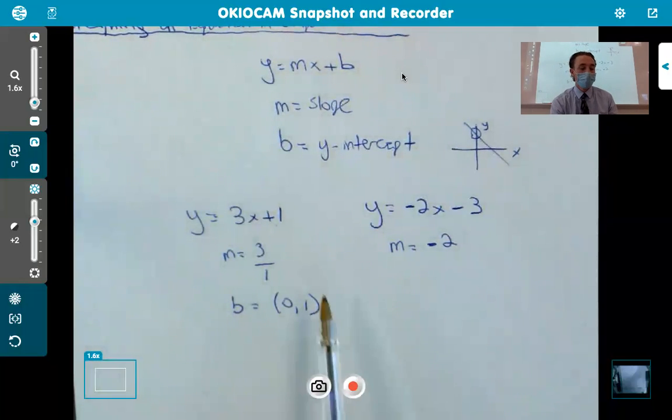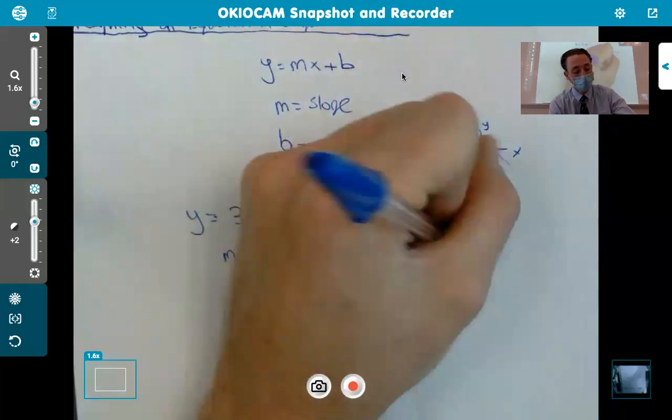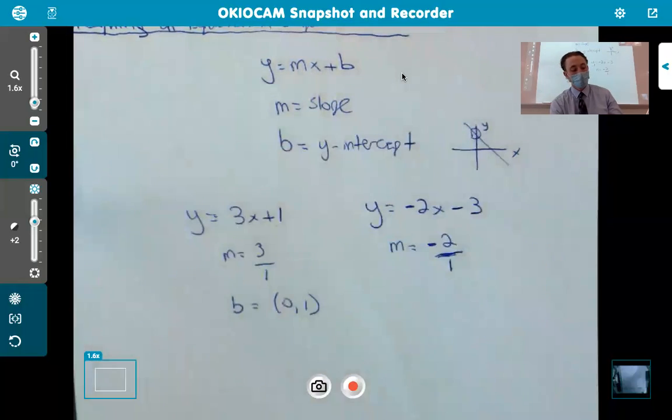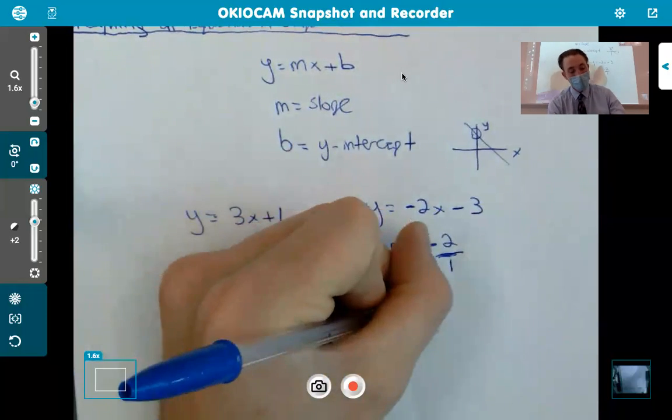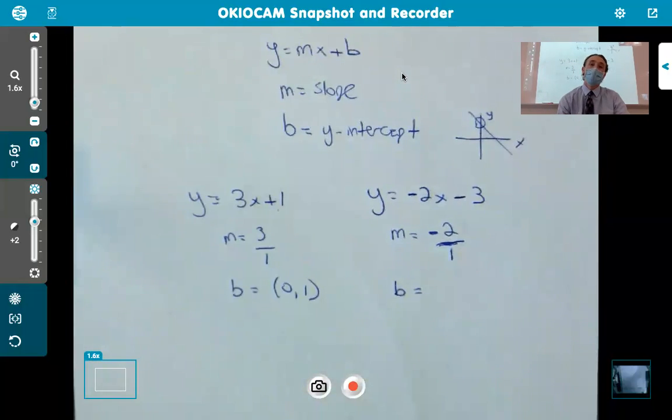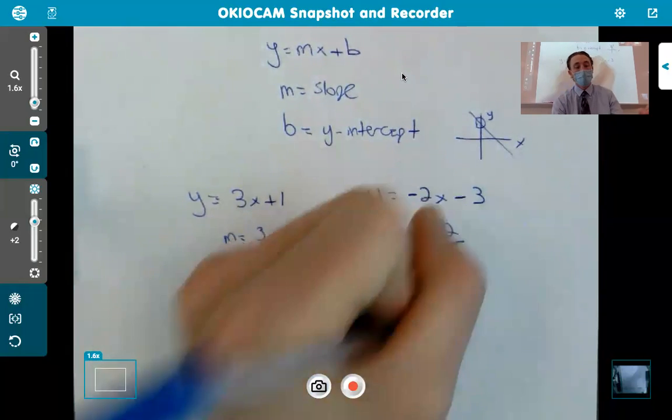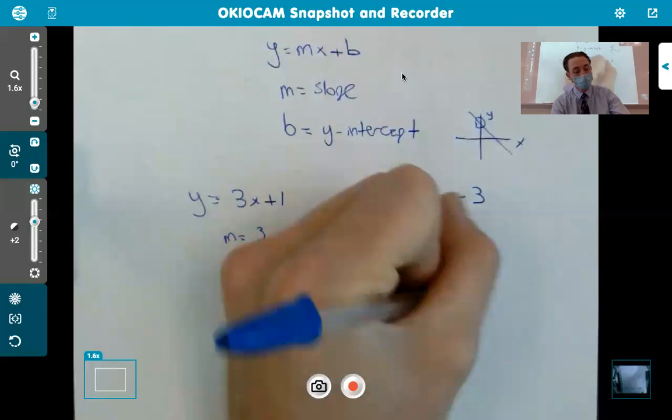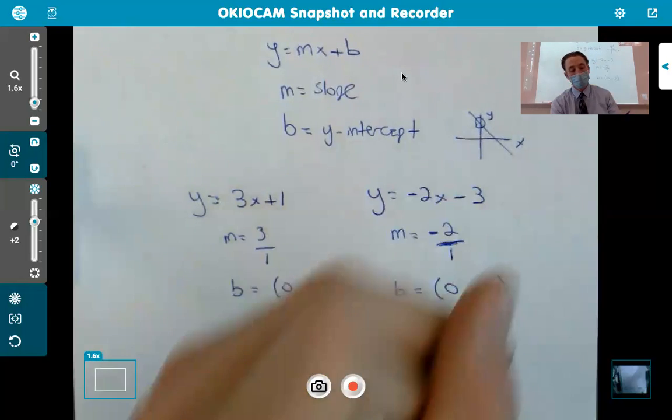Not just negative 2, but negative 2 over 1. My y-intercept, it's whatever that other number is that's being added or subtracted. What number is that? Negative 3. So how would I write that as the point? (0, negative 3).